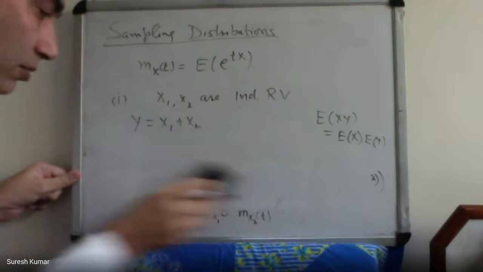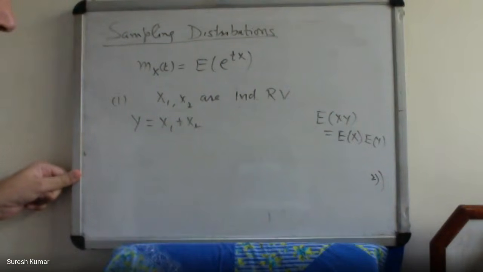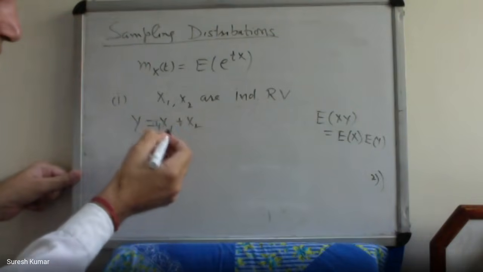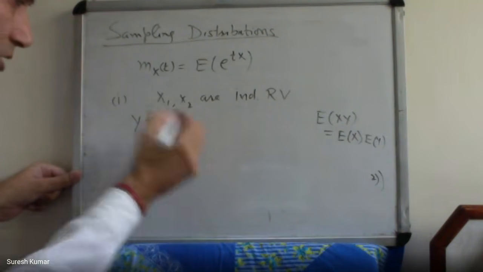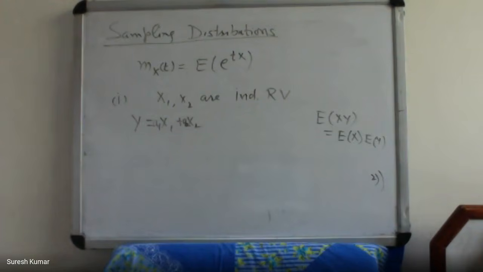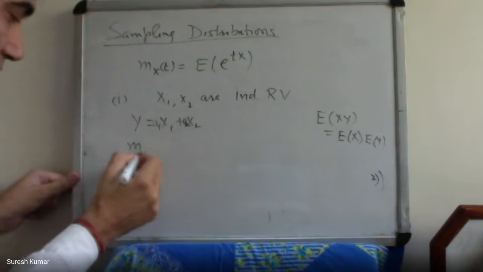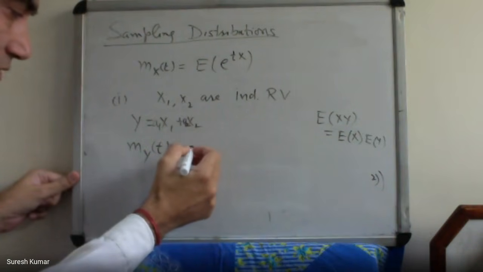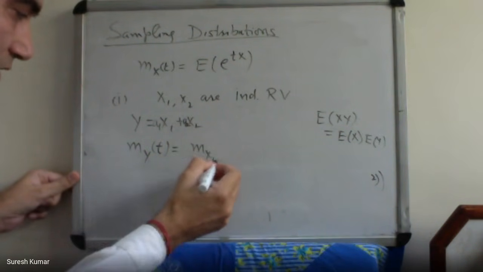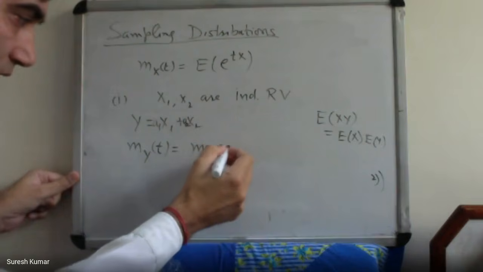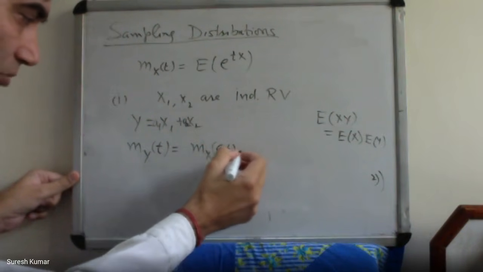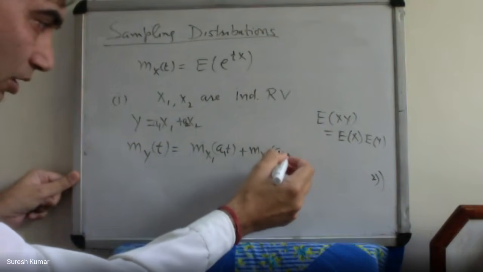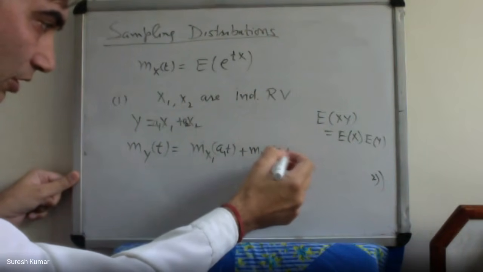Next, if y is a linear combination, say y equal to a1x1 plus a2x2, a linear combination of these two random variables, then the moment generating function of y can easily be verified to be equal to moment generating function of x1 at a1t times moment generating function of x2 at a2t.